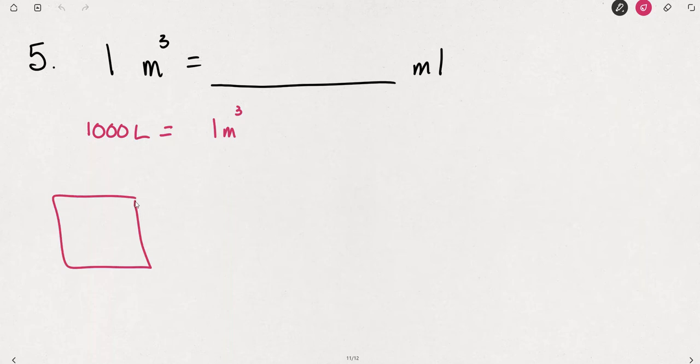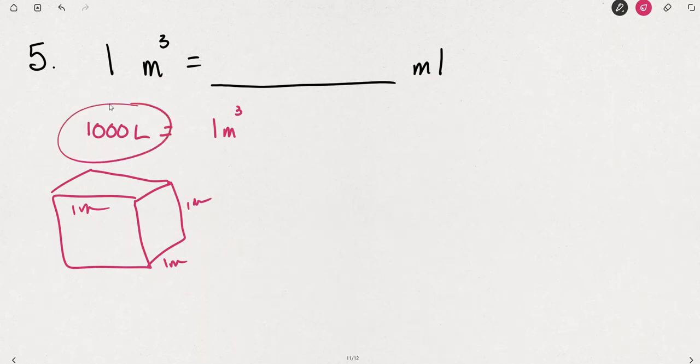So that means if we had a cube that was 1 meter by 1 meter by 1 meter, then this would hold the same as 1,000 liters. So a cubic meter, 1 meter by 1 meter by 1 meter, could be called a meter cubed.